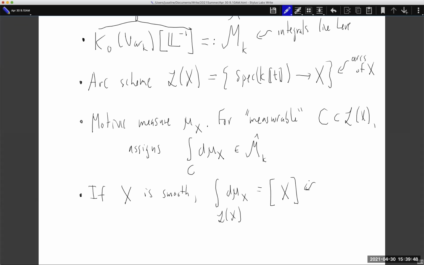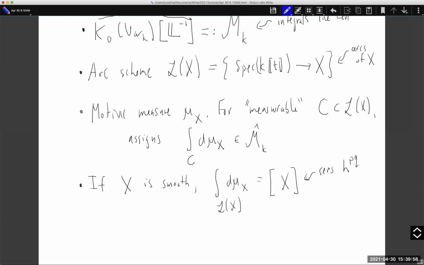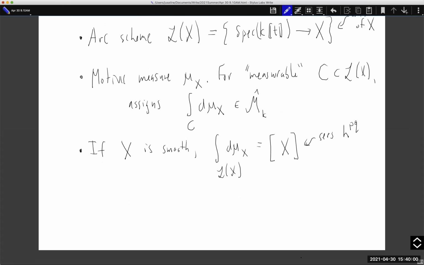It turns out the modifications we did don't mess that up. So this class does in fact see the usual Hodge numbers, or to be more precise, if X isn't compact, it sees the coefficients of the Hodge-Deligne polynomial.